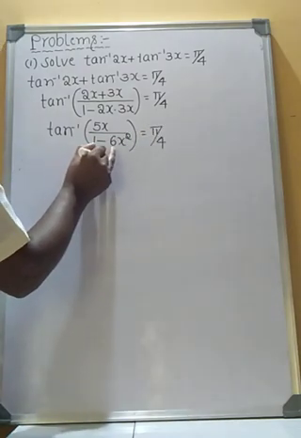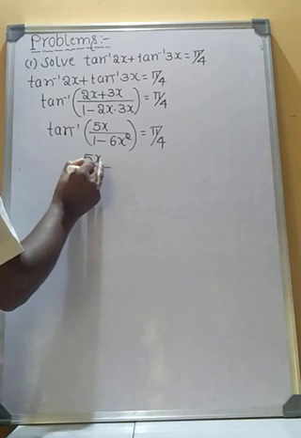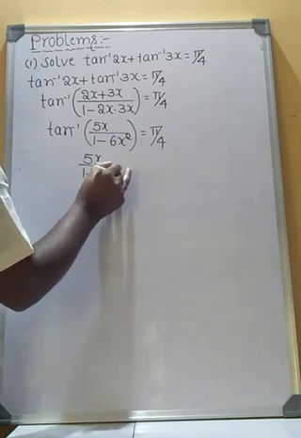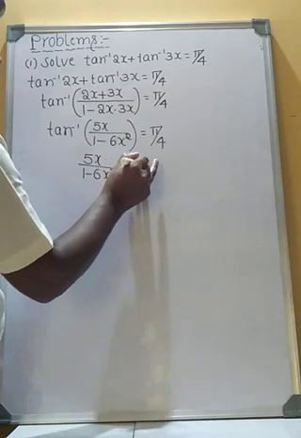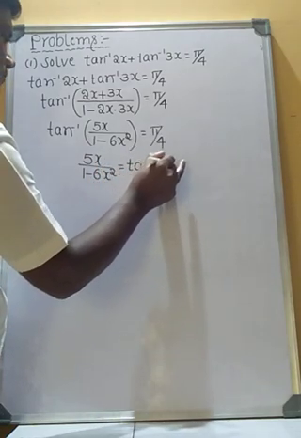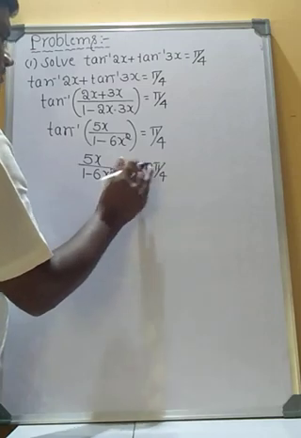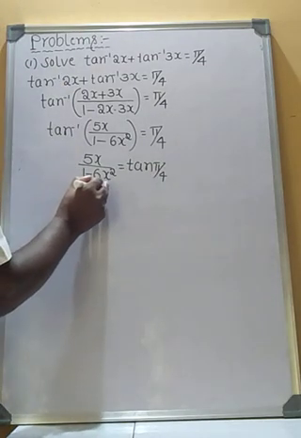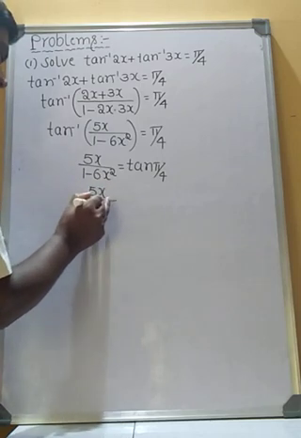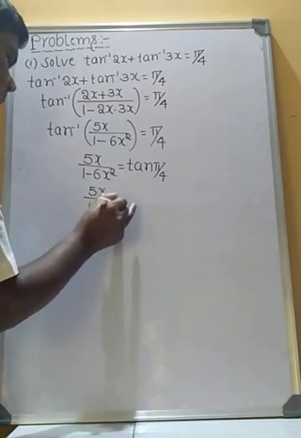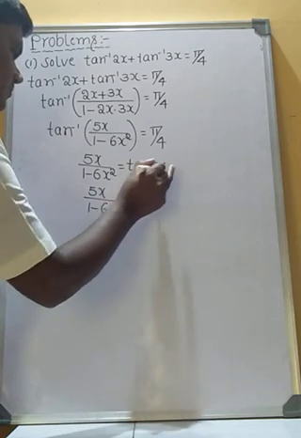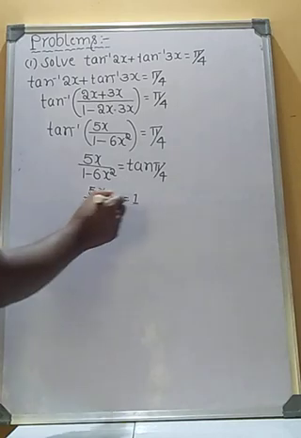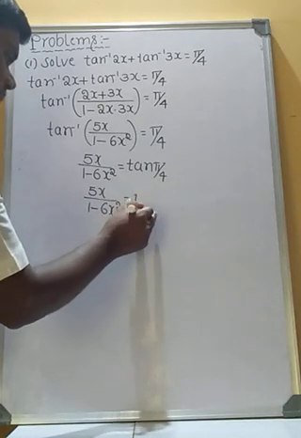Therefore 5x divided by 1 minus 6x square is equal to tan pi by 4, since tan inverse goes to the right hand side. Tan pi by 4 is 1, so the denominator is also 1.